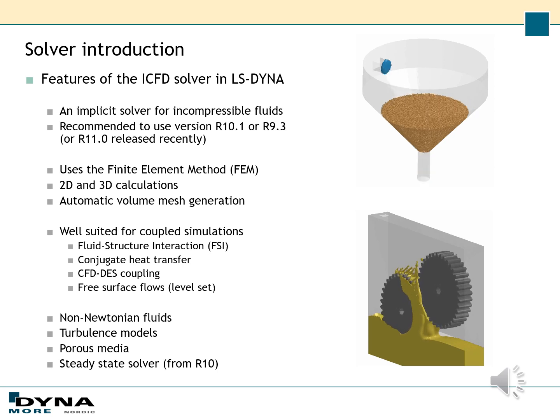It has an automatic volume mesh generator, and it is very well suited for coupled simulations, both fluid structure interaction and conjugate heat transfer. It is possible to simulate coupling between CFD and DS particles, as well as free surface flows using the level set method. There is support for non-Newtonian fluids, the most common turbulence models, as well as porous media models, and now there is also a steady state solver available from version 10.